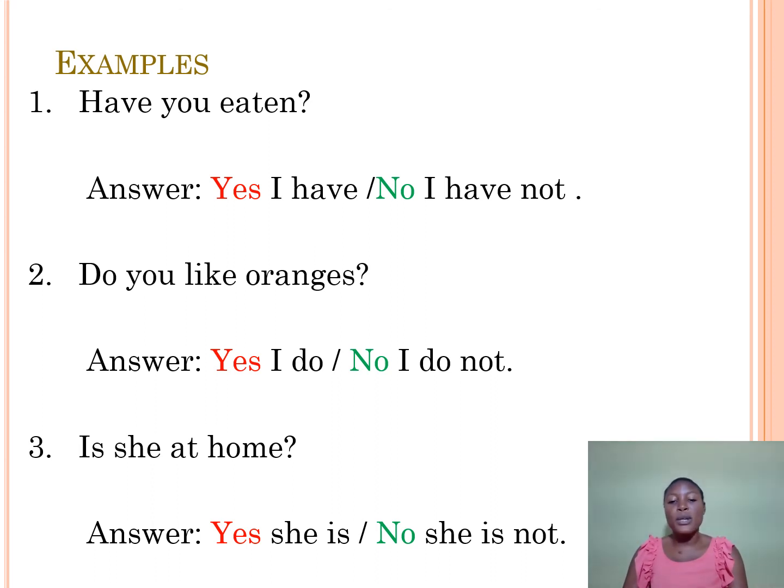The second one, we can see "do" in the question, and looking at the answer, you see that it has also been repeated again. In number 3, we also see "is", and we can see that it has been repeated again in the answer. So you see, this tells you that the verbs in the sentence matter and are very important when writing your answer. I hope you understand. Good. Now let's carry on.